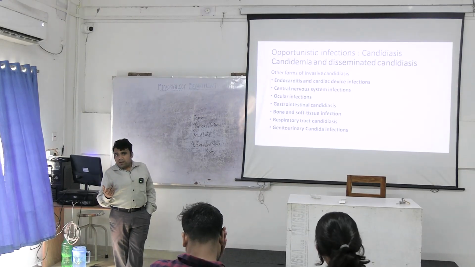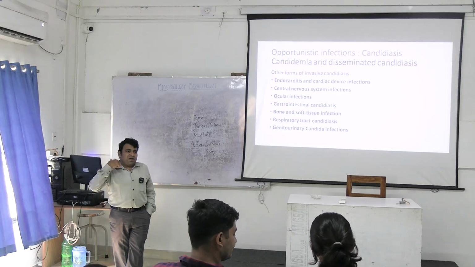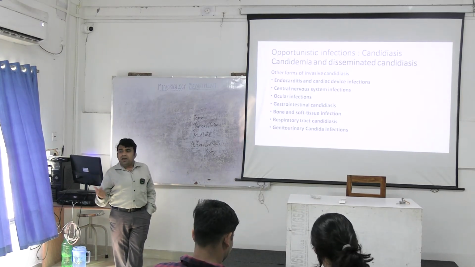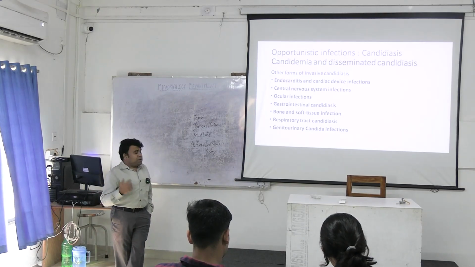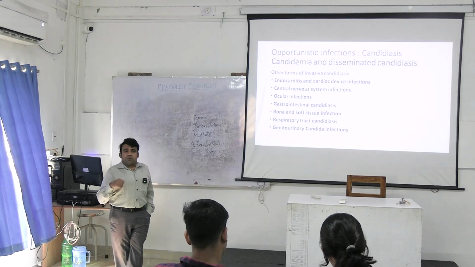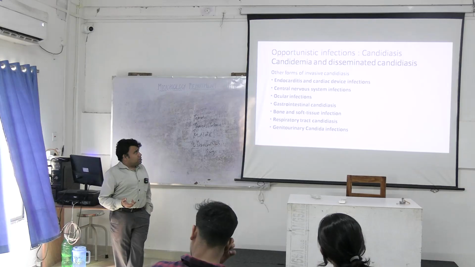Very commonly it is an endogenous source. The patient may have a vascular line, either a central line or a peripheral line. From there, the endogenous bacteria or the fungus may infect. Similarly, cardiac devices, any sort of device, maybe a prosthetic valve or a pacemaker, can get infected.